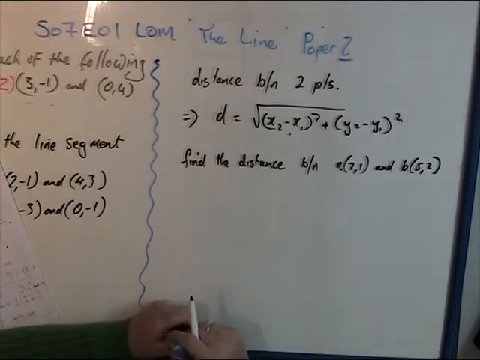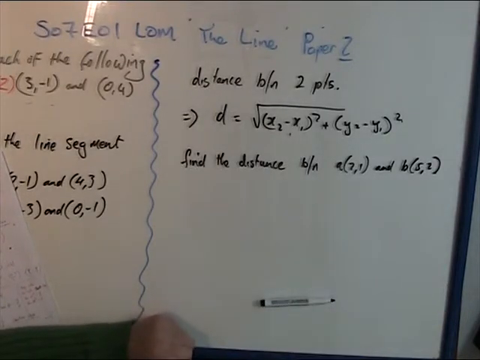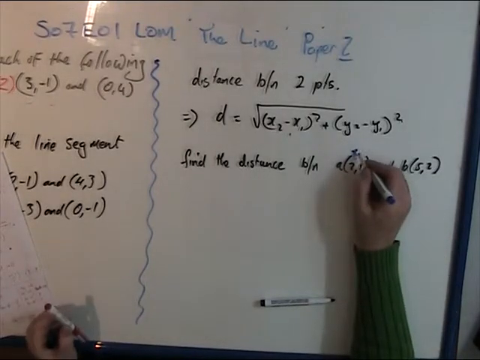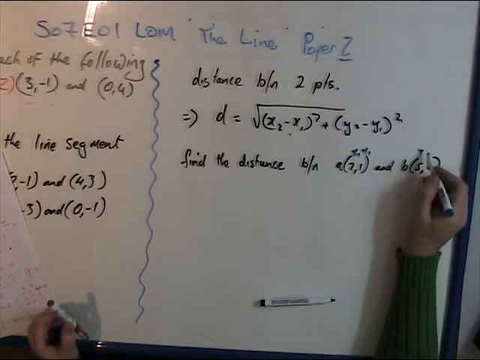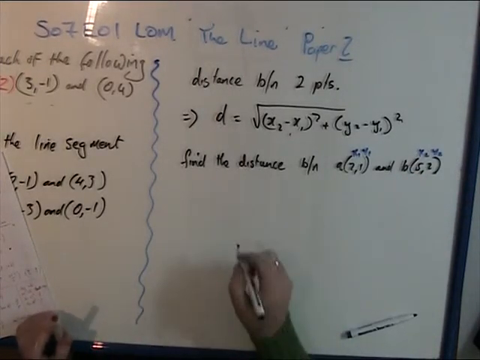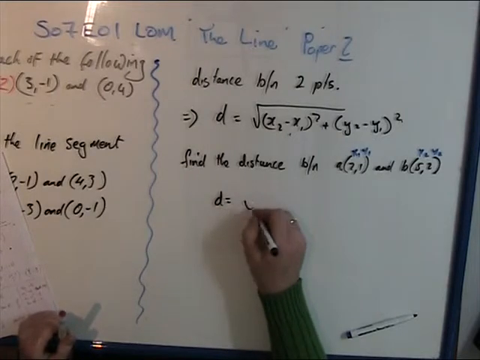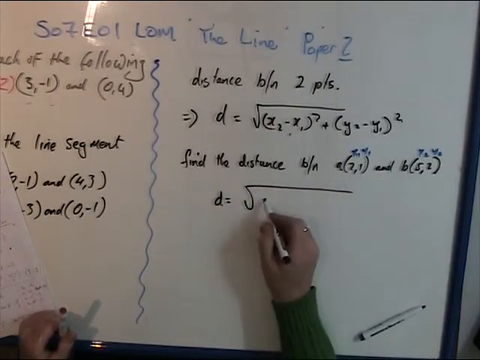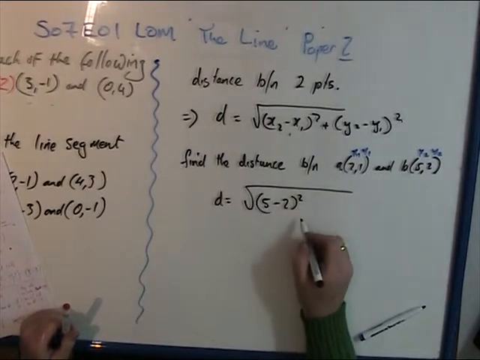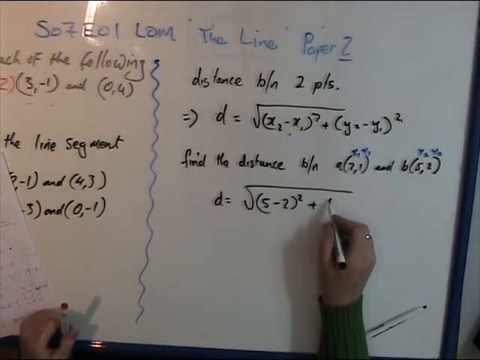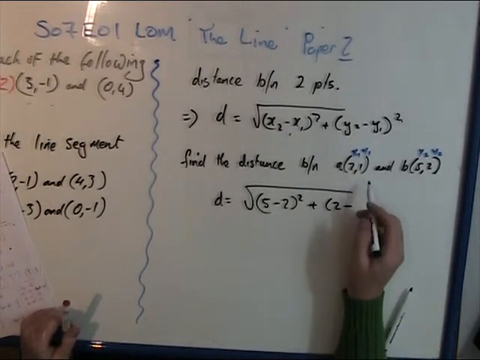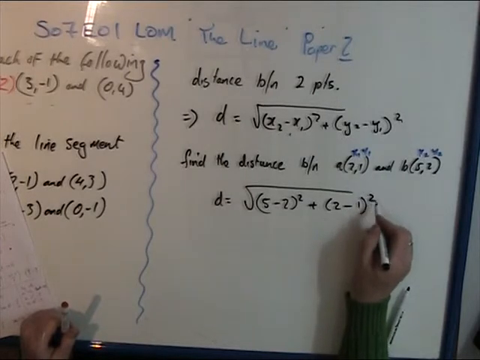Now the first thing you do is you label the points. So that's x1, y1, x2, y2, and they don't change. So D is equal to the square root of x2, 5, minus x1, 2, all to be squared, plus y2, 2, minus y1, 1, all to be squared.